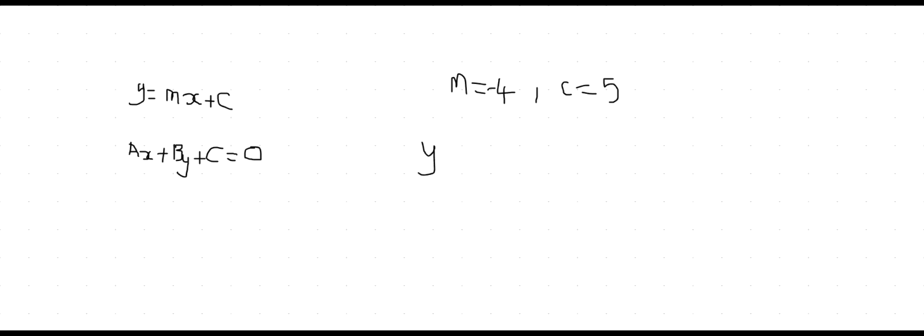So where there's M, you put -4, and where there's C, you put +5. So in this case, -4x plus 5 is the standard equation for this line.